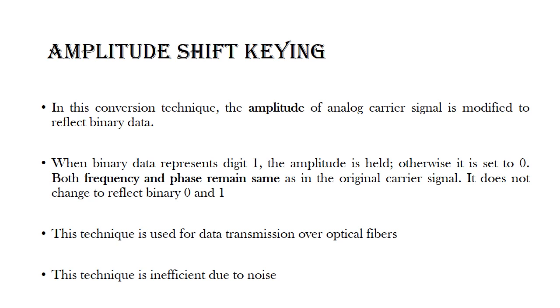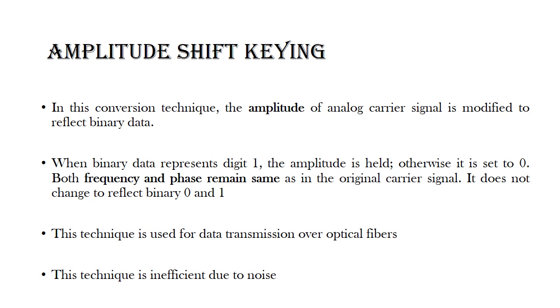That means here amplitude of the analog signal changes to generate either 0 or 1, but frequency and phase of the analog signal will remain unchanged. Okay, so you have to remember that in amplitude shift keying, only amplitude of the analog signal will be changed. Frequency and phase will remain same.